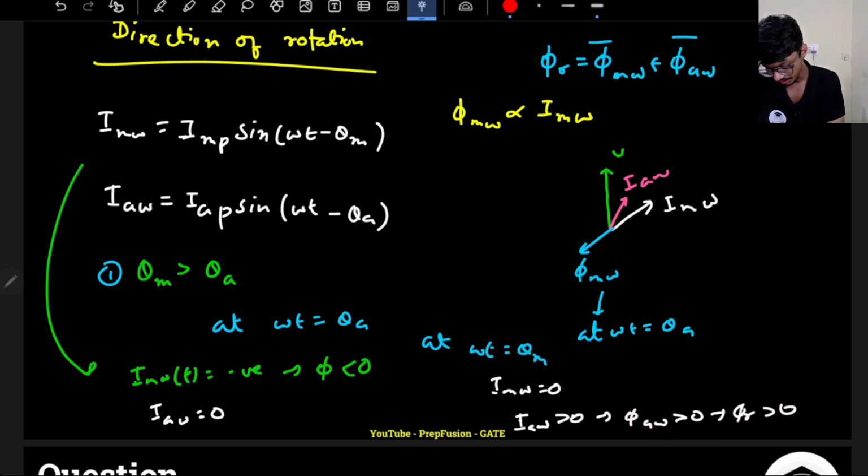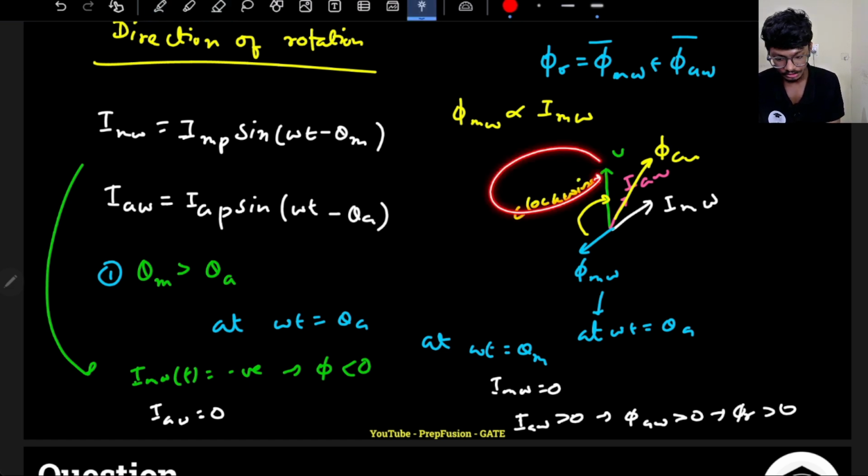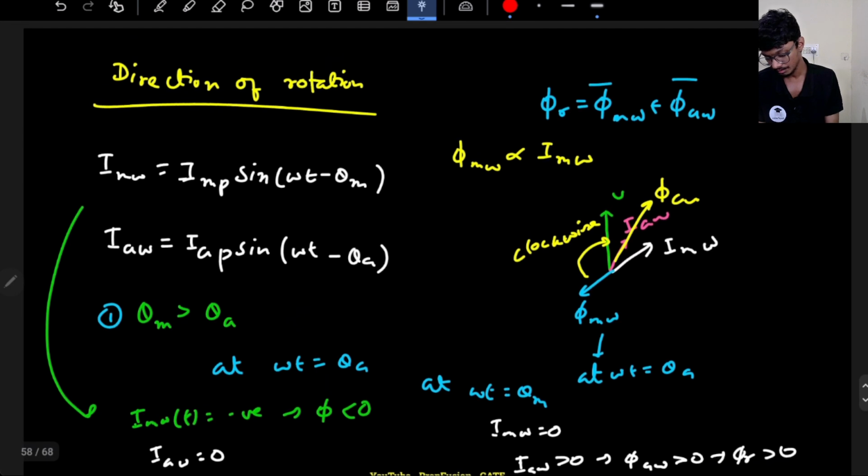So the direction of the flux will be somewhere here. Initially I was here, now the flux went here, so it is clockwise. If you tend to forget this, you can understand it conceptually like this: if theta_M is greater than theta_A, it will rotate clockwise. Basically your auxiliary winding will follow the main winding.